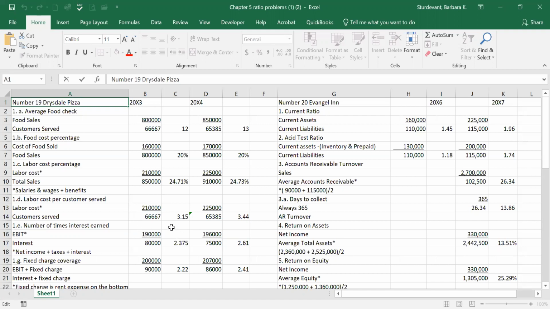So for X3, cost per customer was $3.15, but look what happened in X4. Look at these numbers right here. You had more labor costs, but you served fewer customers. So that would be something that they would want to look at.